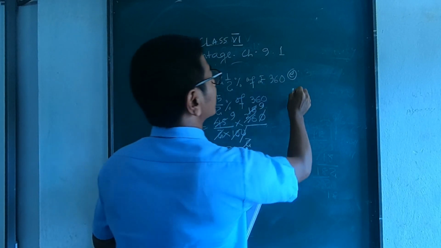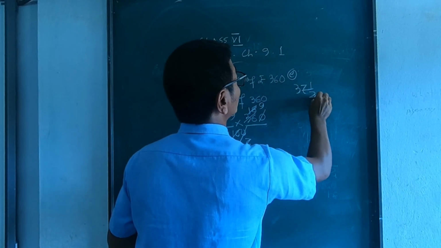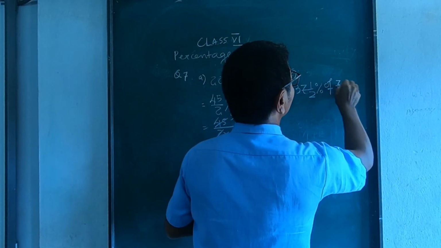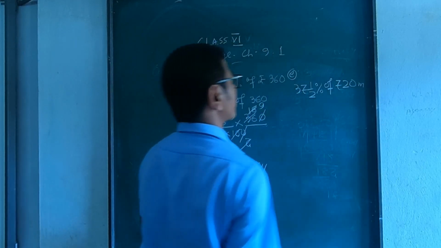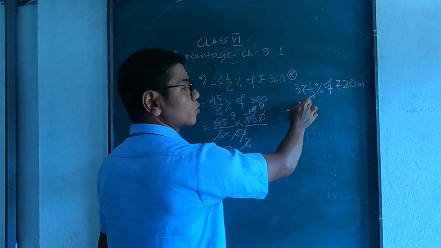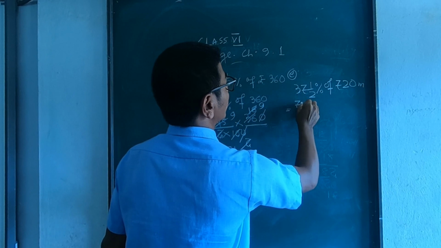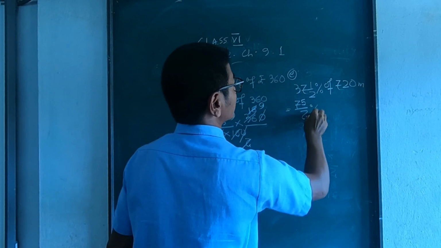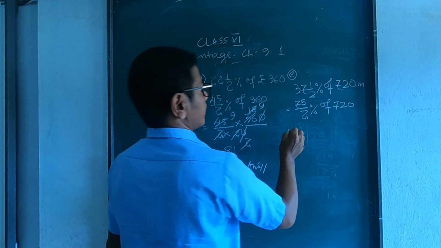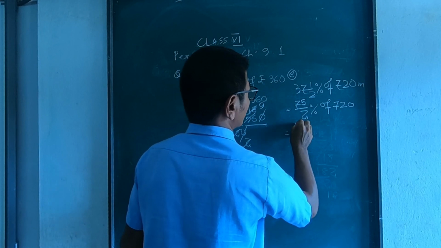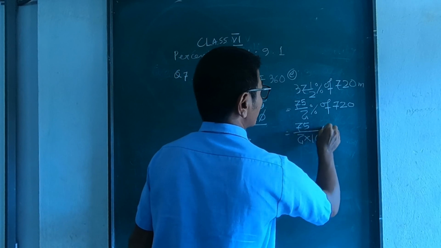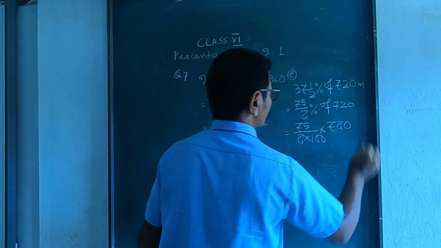I'll further help you with question E. Question E says 37 1 by 2% of 720 meter. Let's make this mixed fraction a proper fraction again. 37 twos are 74 plus 1, 75 by 2% of 720 meter. Now in place of percentage, let us put the value 100, because 100 is percentage, into 720.